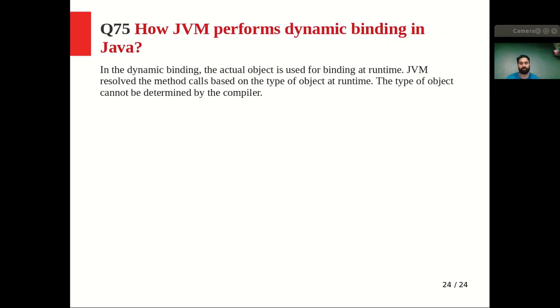The next question you may get is how the JVM performs dynamic binding in Java. In dynamic binding, the actual object is used for binding at runtime. At runtime, the JVM decides which method should be invoked. The JVM resolves the method call based on the type of object at runtime. Say we have a reference variable; which object is stored in that reference, whether an object of a parent class or of a child class, is decided by the JVM at runtime only.